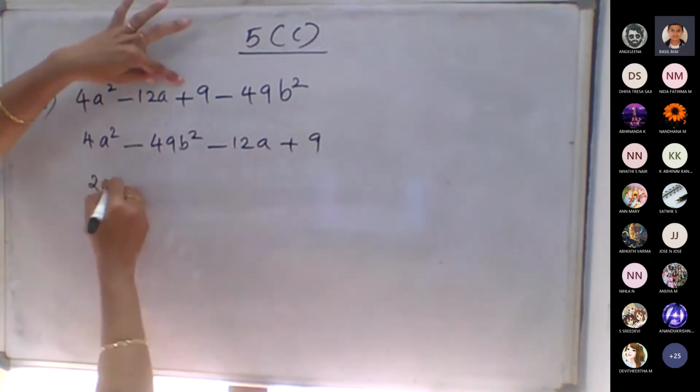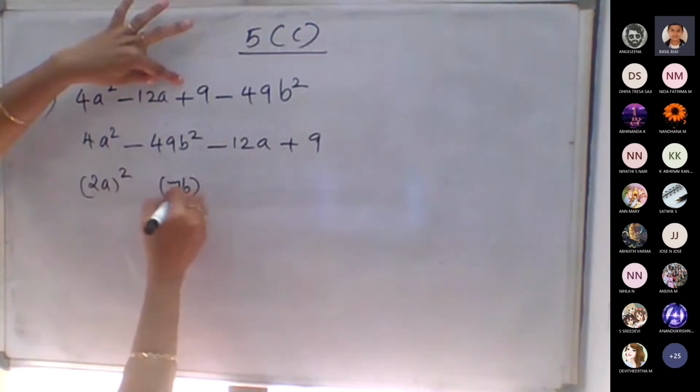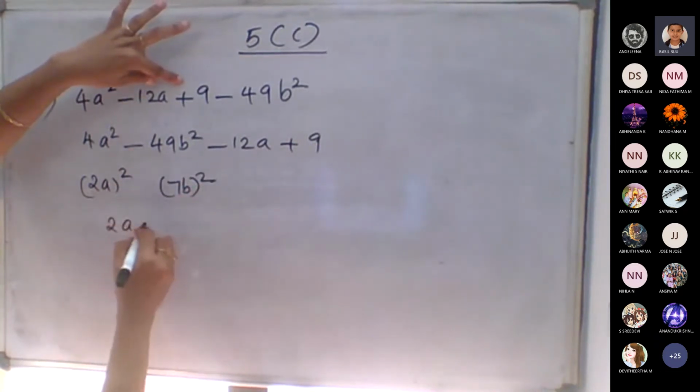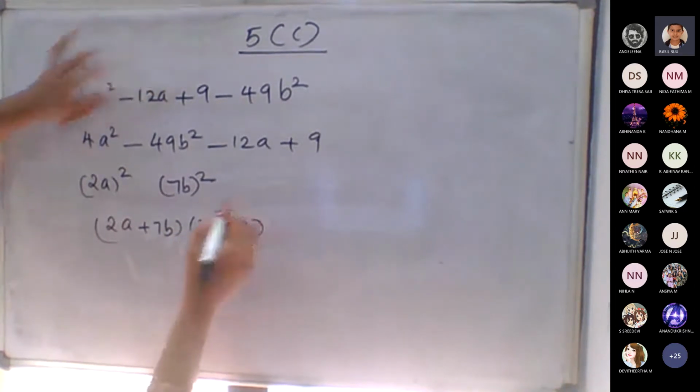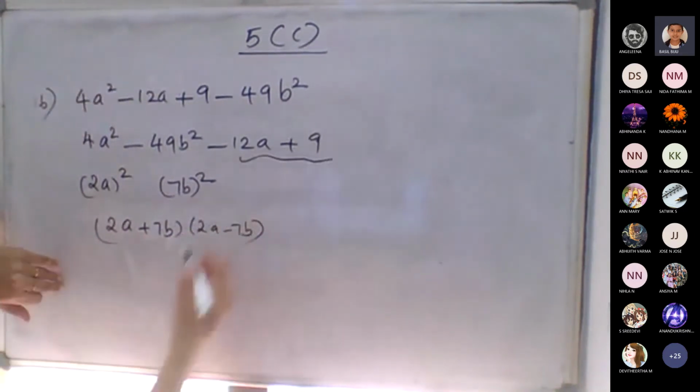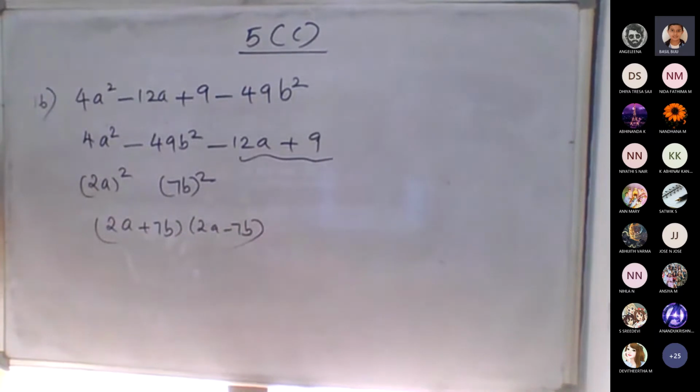If we take this as (2a) whole square and (7b) whole square, we will get 2a plus 7b and 2a minus 7b only. Is there any similarity with this 12a plus 9? No, ma'am. So this way we can't do.